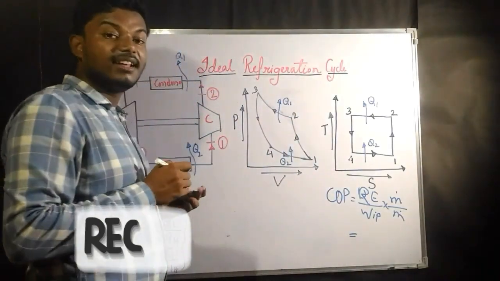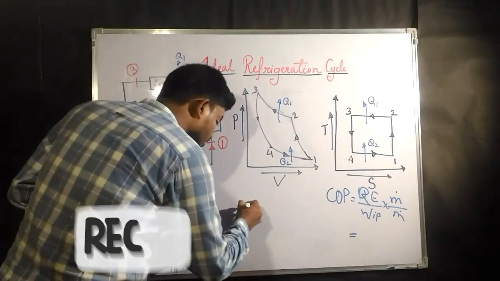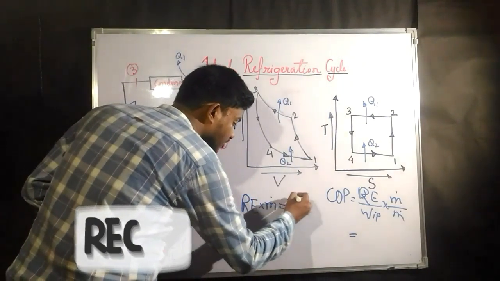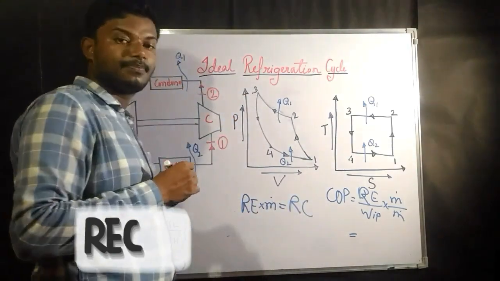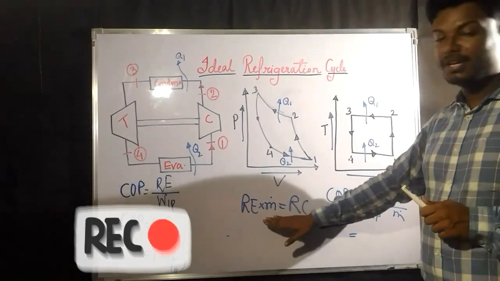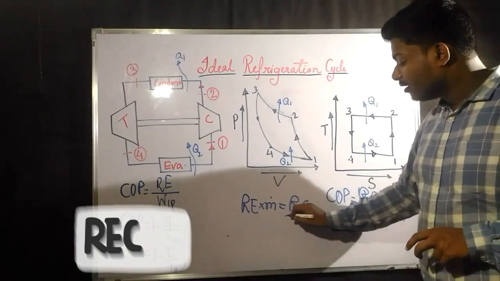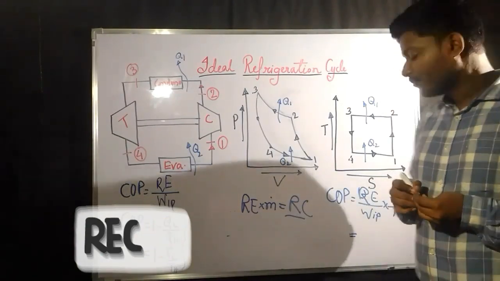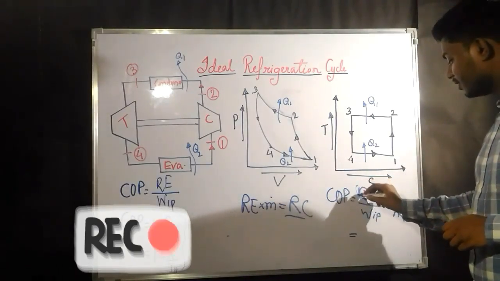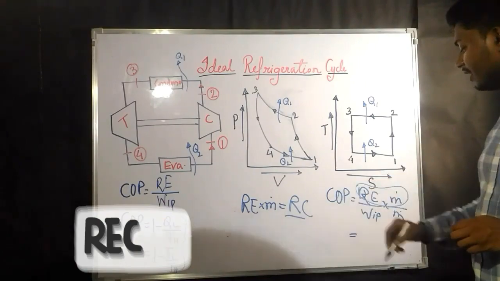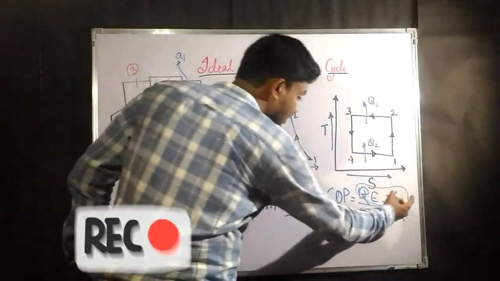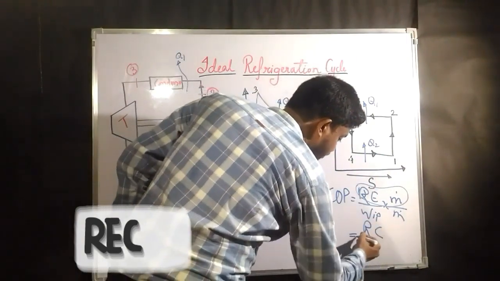Now RE is the refrigeration effect. If you multiply RE with the mass flow rate, it is going to give you the refrigeration capacity. So RE into m dot gives you the refrigeration capacity.